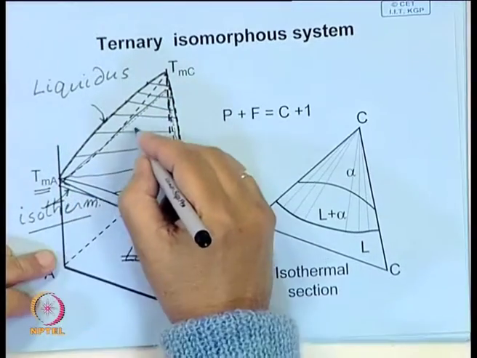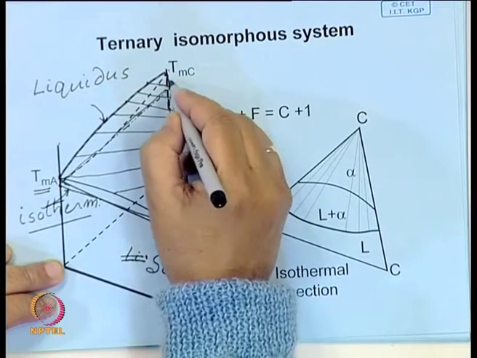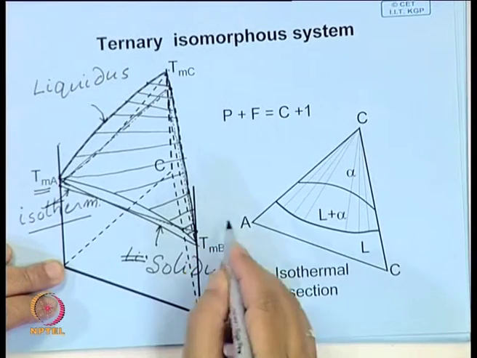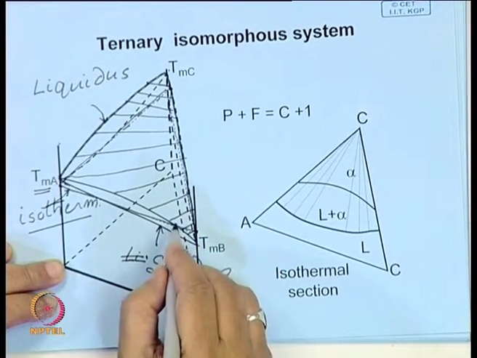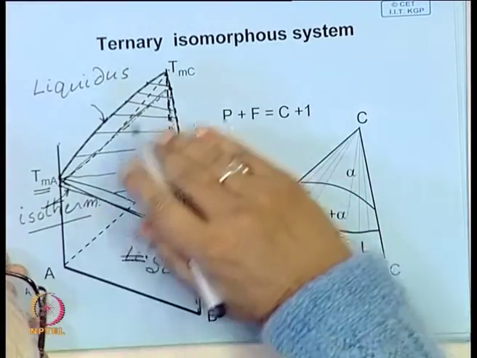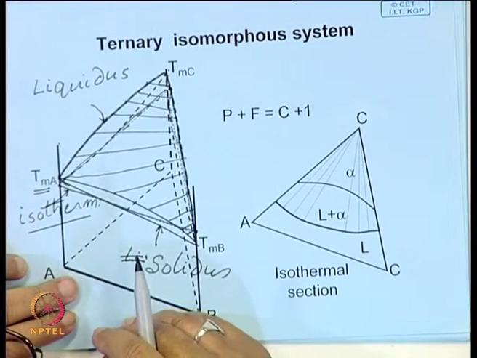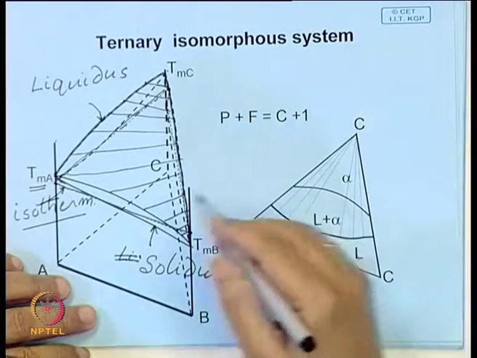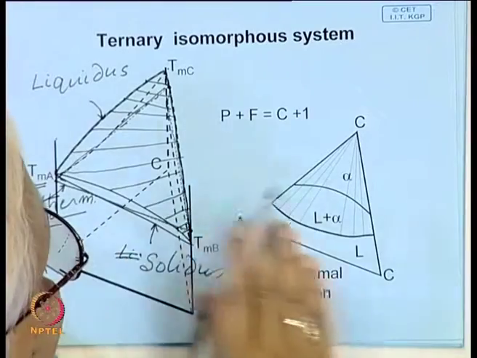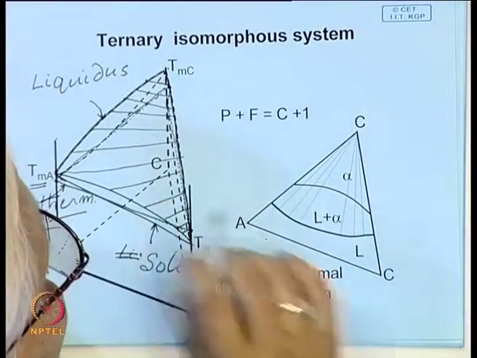This dotted line represents a plane which intersects the temperature axis below the melting point of A, below the melting point of C, but it meets the other axis above the melting point of B. Clearly, you can see where it intersects these two surfaces, which is shown over here. The AC portion will be solid.